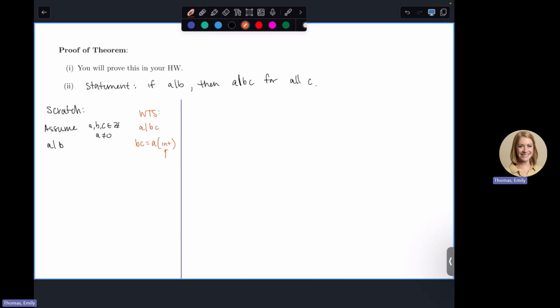Okay, so what do we get to assume from the fact that A divides B? Yes, that B is bigger. So how do we write that with the equation? That B is equal to what? What's the definition of divides? Go back to that, look at it. A divides B if what?